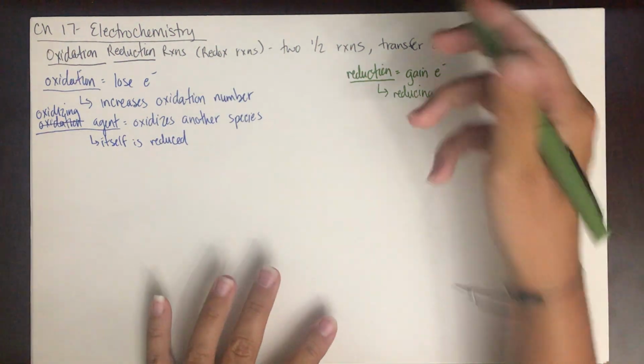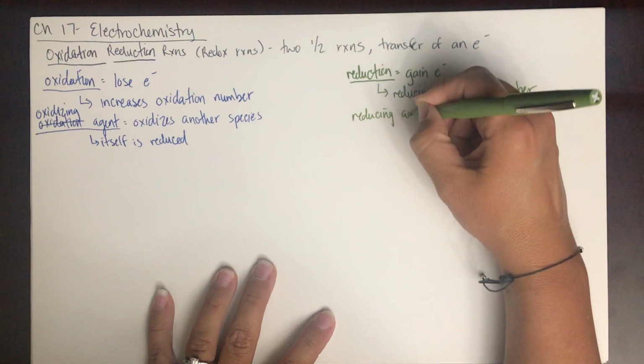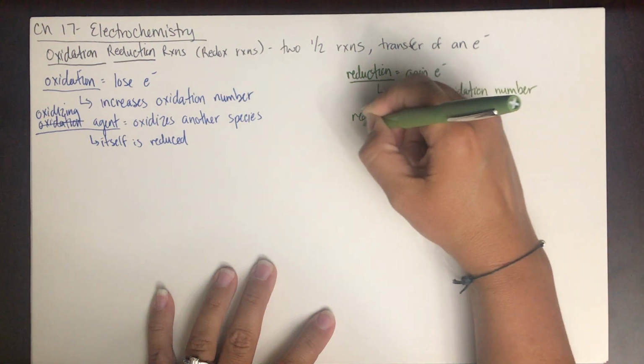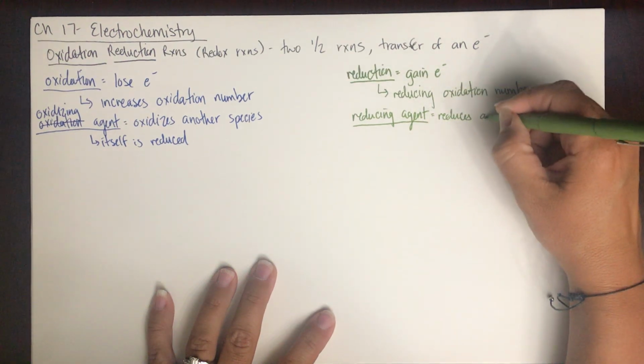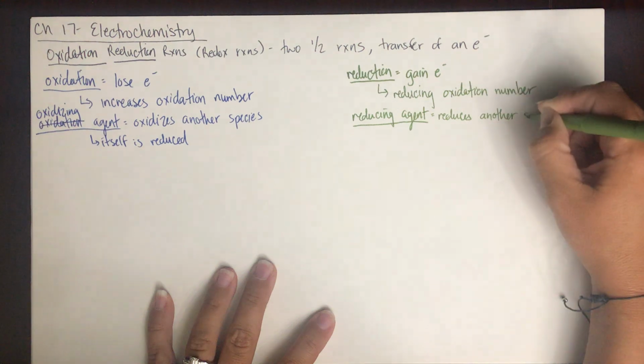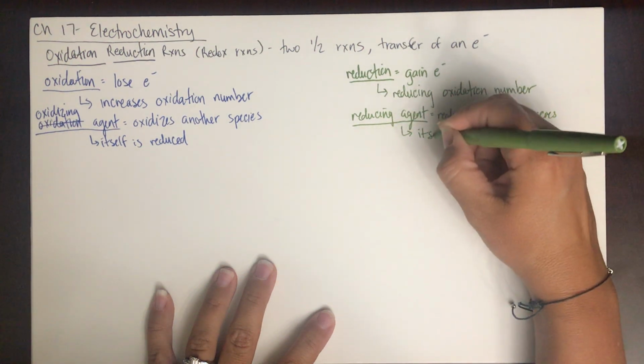And then the opposite is true for a reducing agent. A reducing agent reduces another species, but itself is oxidized.